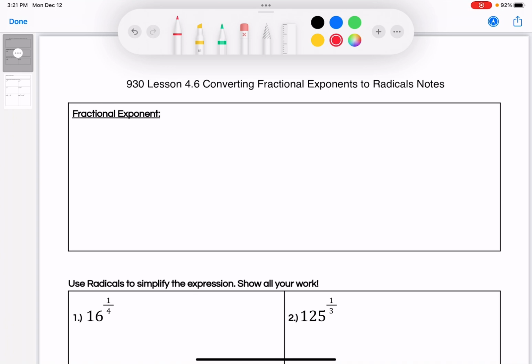So when we have a fractional exponent, it would look something like this. If I have b to the 1/2 power, something to the 1/2 power is the same thing as saying the square root of b. Now, we kind of know what a square root is.